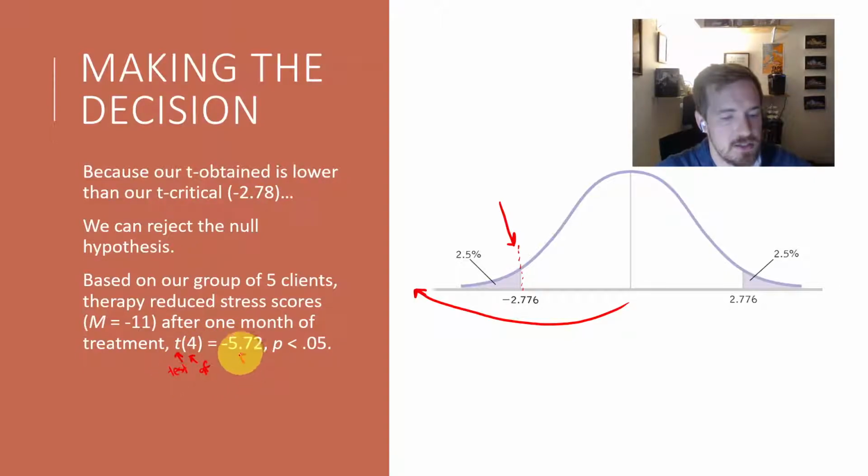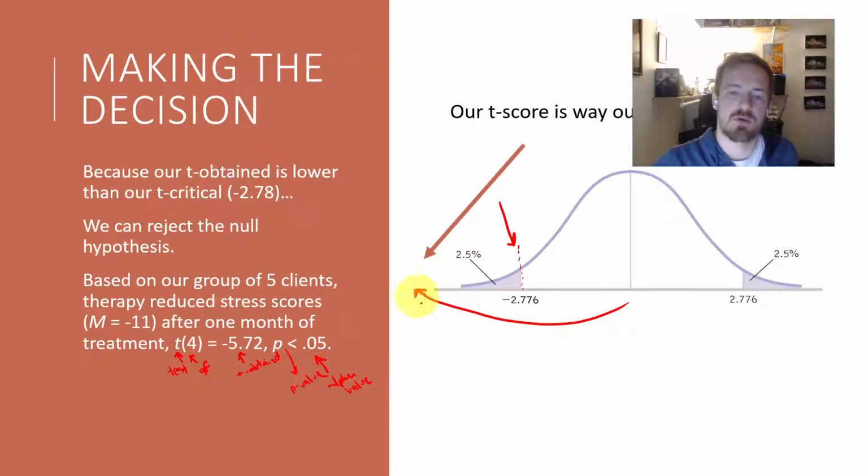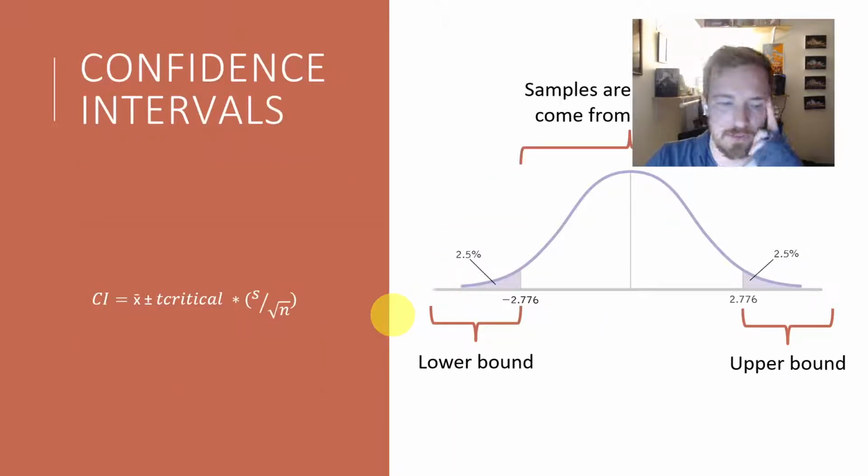The t obtained, and then the alpha value. And last but not least, the p is referring to the p-value. Alright, so yeah, our t-score is way out below that threshold. It means we need to reject it all.